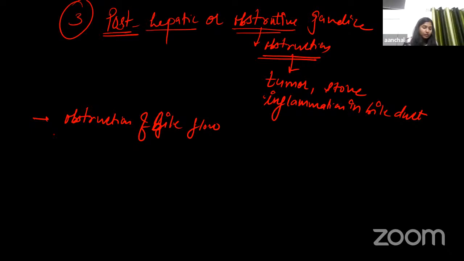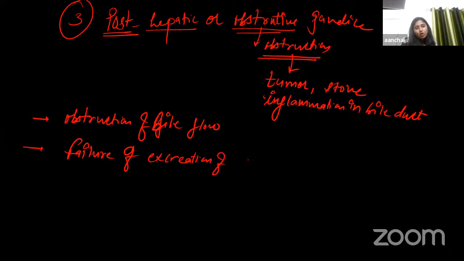right? Due to obstruction of the bile flow at any level, the bile cannot be excreted into small intestine. So there will be failure of excretion of bile to small intestine. So bile salts and bile pigment enter into the circulation, and the blood contains more amount of conjugated bilirubin.